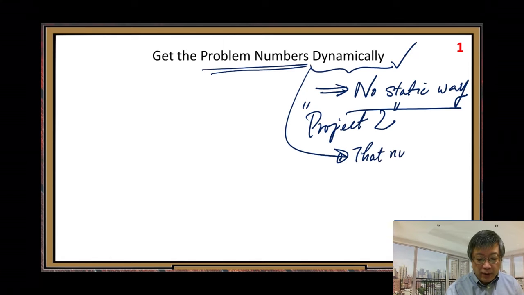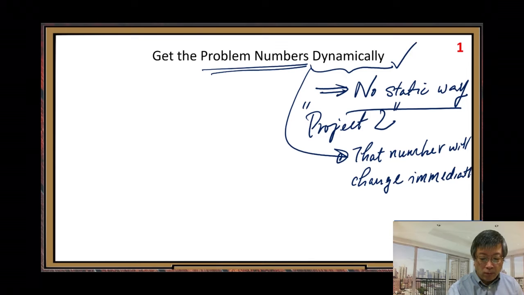So that number will change immediately, right? That's what we need. Nobody can do that, when a problem changes, you need to change the code in a hard-coded way.